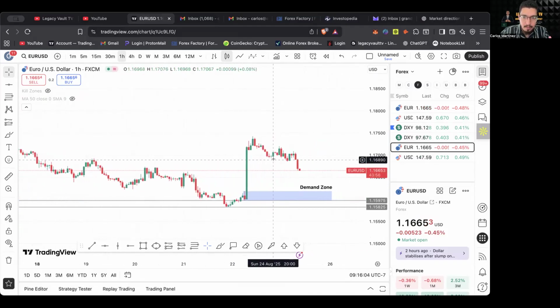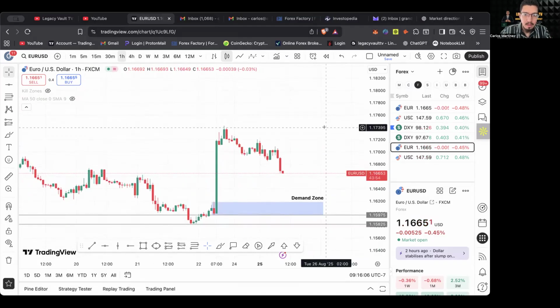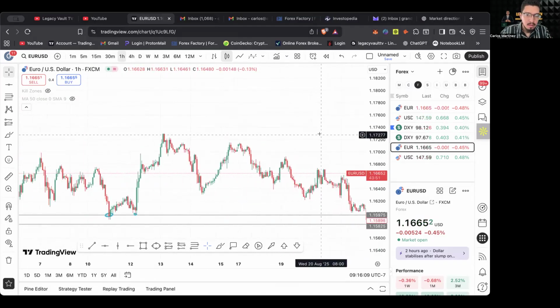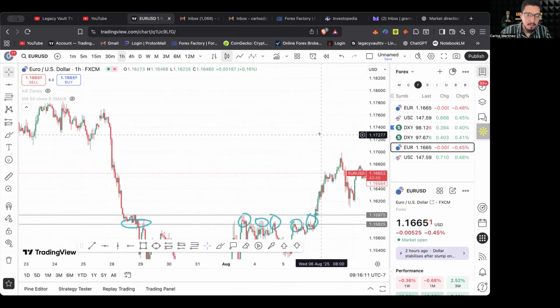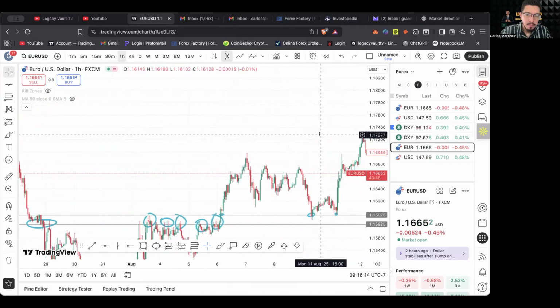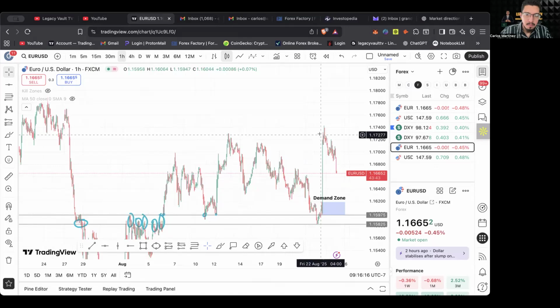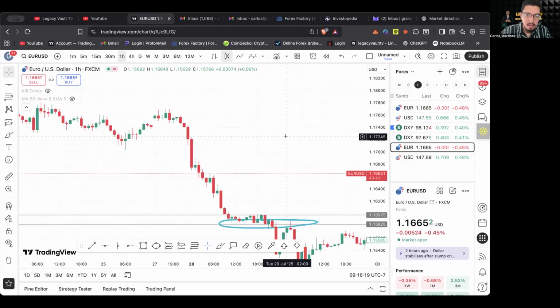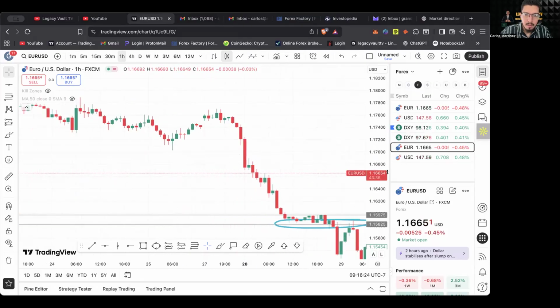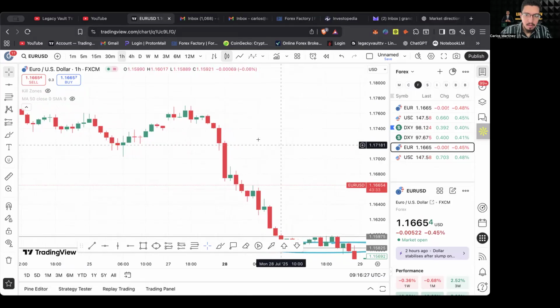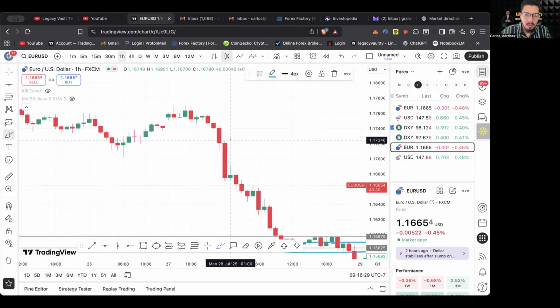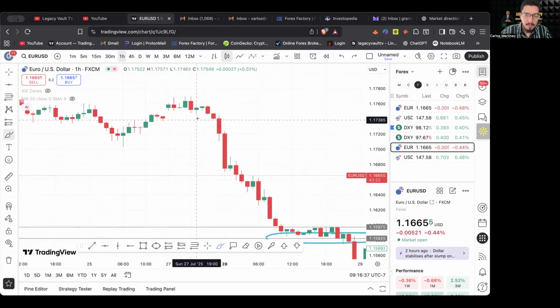And we can look for a supply zone here. Here's a good example. We have this imbalance here, left an imbalance. So we can draw a zone here.